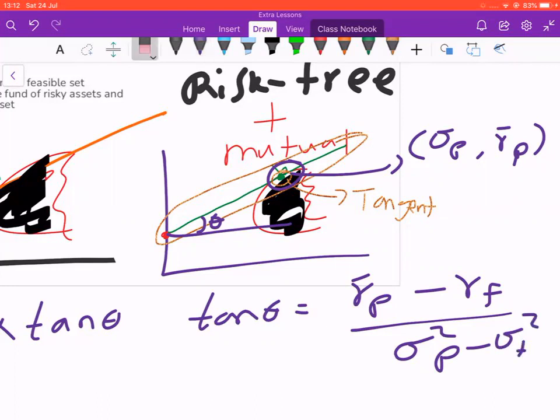There is no variance for our risk-free rate, so we're just going to write it like this.